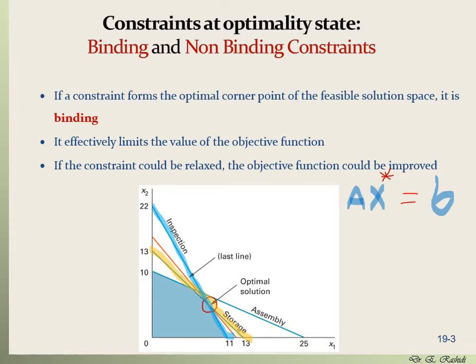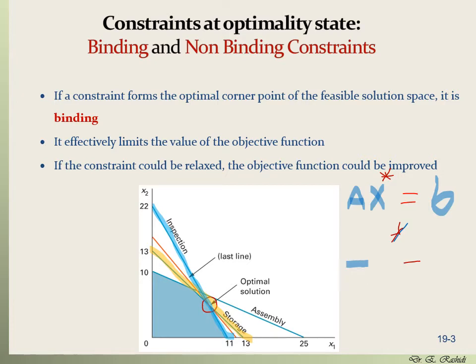This is also true for the greater than inequality. So if we had ax greater than or equal to b, and if this constraint was a binding constraint, and we substitute the optimal solution, then again these two sides would be equal to each other for the binding constraint.